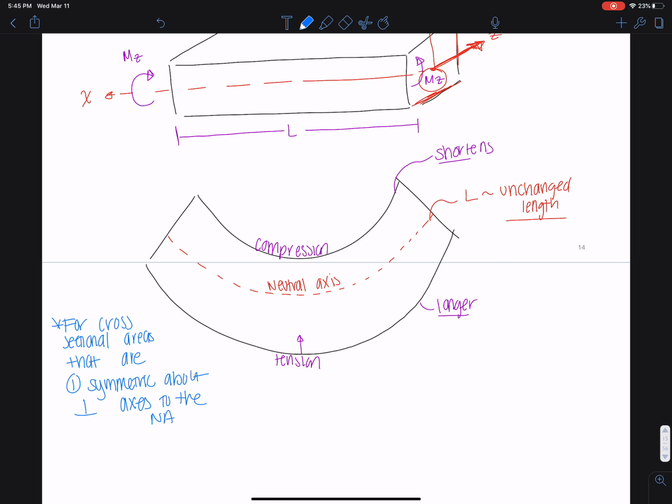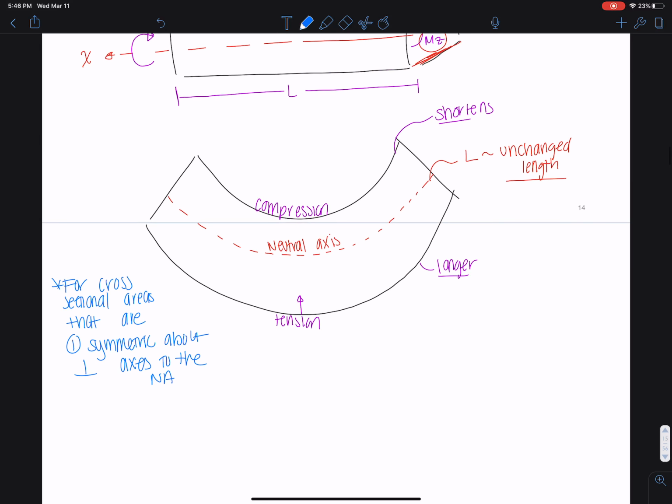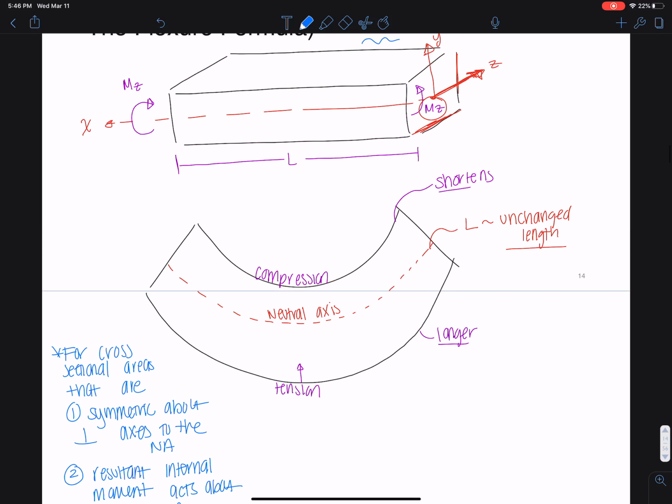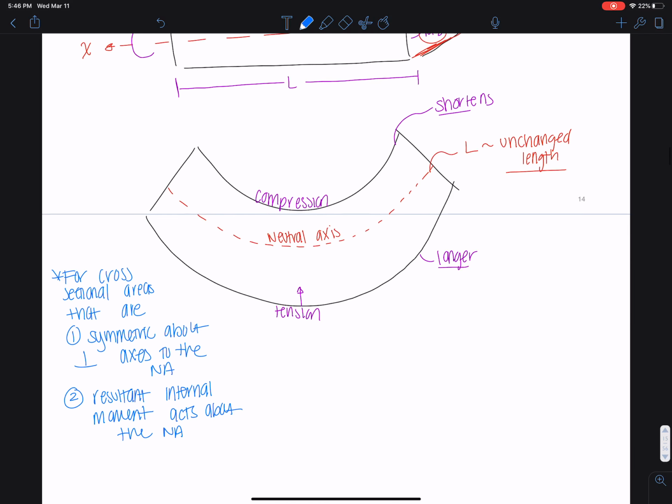That's 1. And 2, the resultant internal moment acts about the neutral axis, which is how we drew it right there, about Mz.